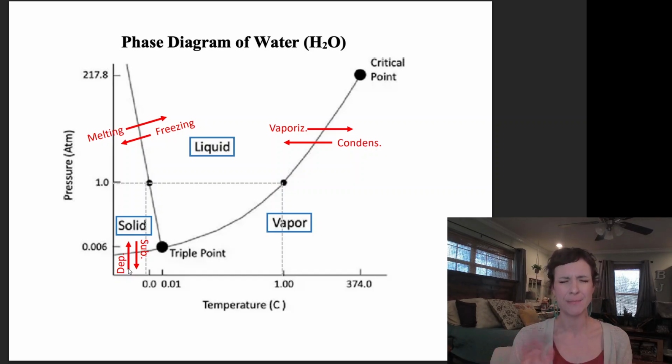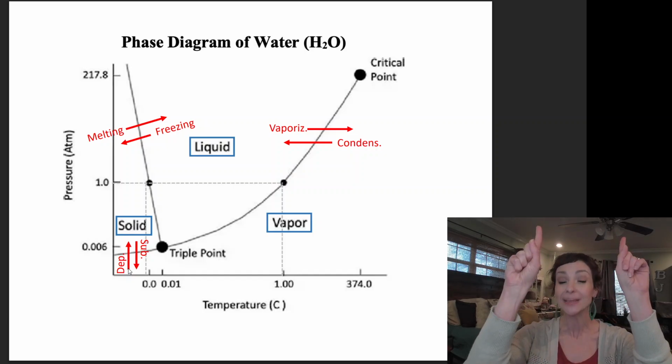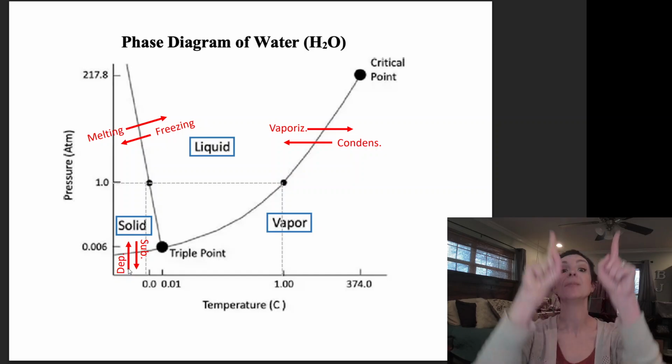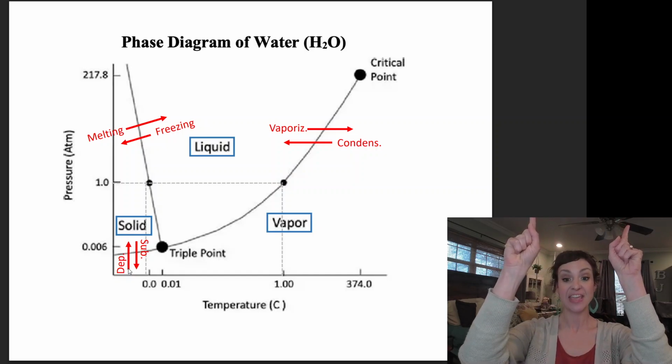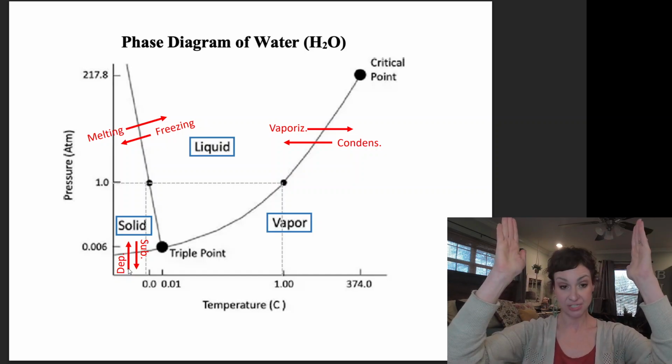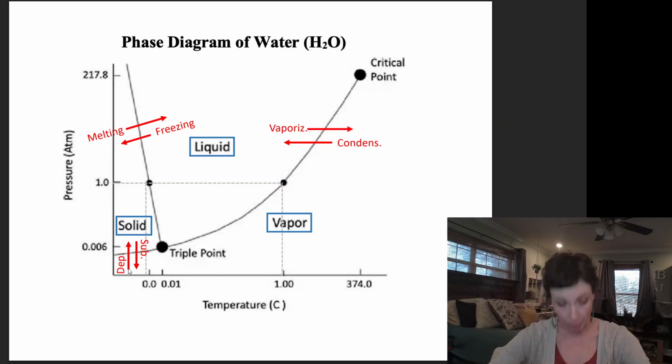The way I remember the difference between sublimation and deposition, because those to me are the most confusing terms: sublimation starts with an S, so I think going up to the sky, like a gas would do if it turns from a solid into a gas. Deposition is where you go from a gas to a solid. Deposition starts with a D, so I'm going down, being deposited down. Hopefully that may help you a little bit.